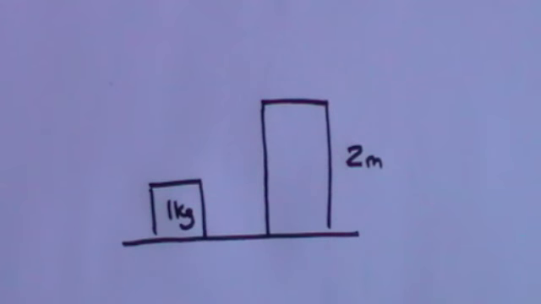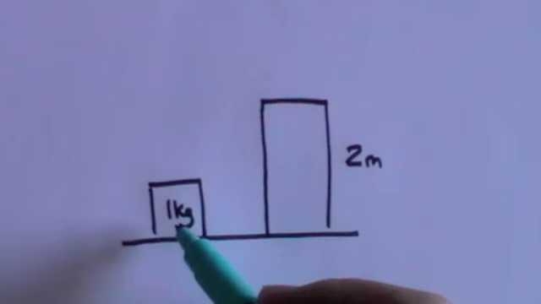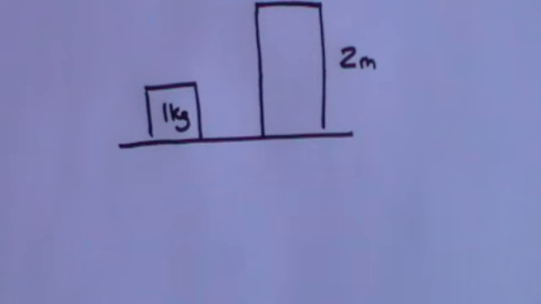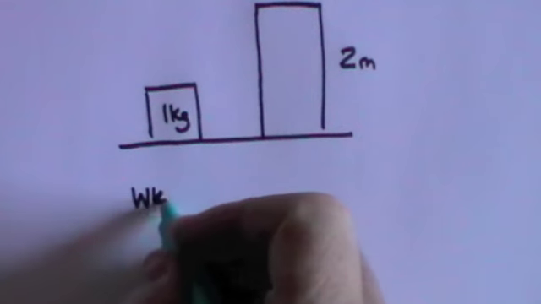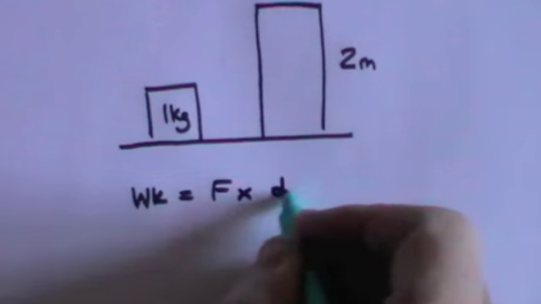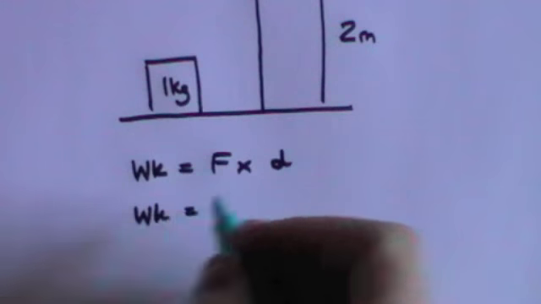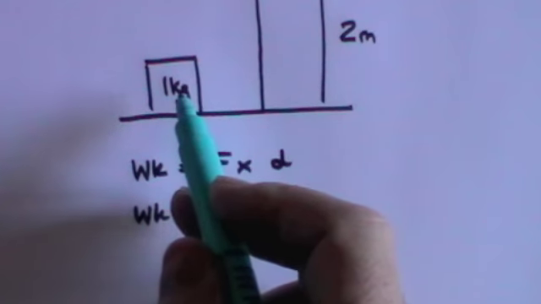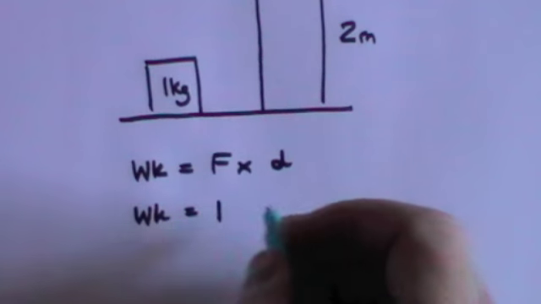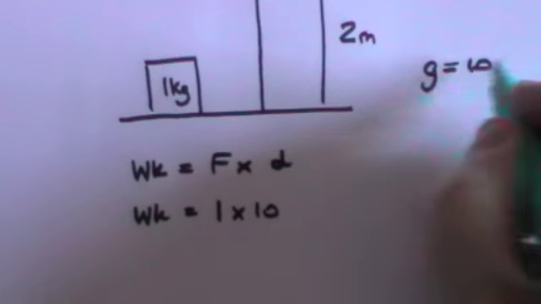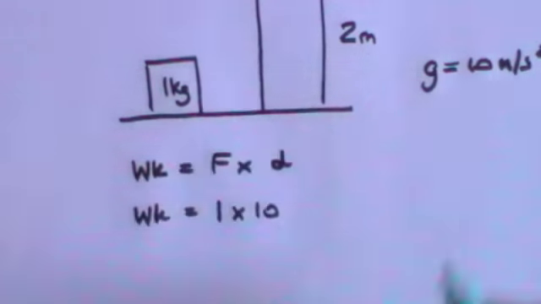What work will I have to do to lift this block up onto this table? Well, you'll remember that we said that work is force times distance. That means that work is going to be the force, which is mg, so that is going to be 1 times g, and g I'm going to say you can regard as 10 meters per second squared.